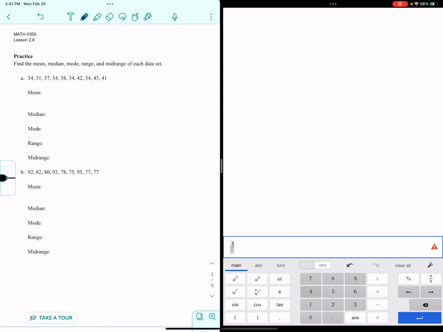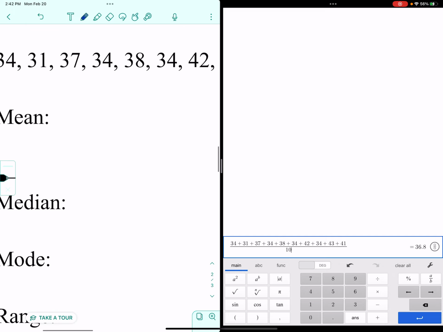On the numerator, I'm going to add up all of the elements in my list. And I have 1, 2, 3, 4, 5, 6, 7, 8, 9, 10 pieces of data. So I want to divide by 10. So I add up all the things, and then I divide by the number of things. It looks like my mean is 36.8.